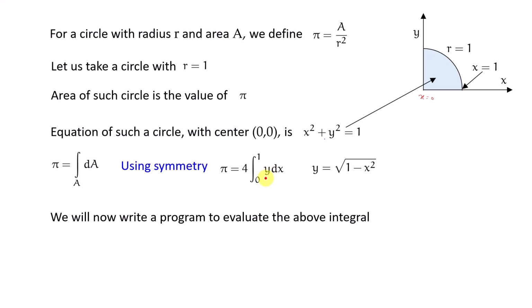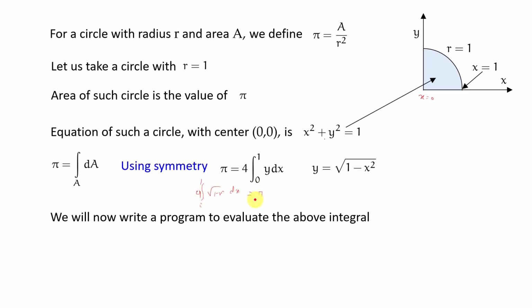Now in the beginning I said that you cannot do it analytically, but you know that you can evaluate this integral analytically. 0 to 1 root over 1 minus x squared dx, you can evaluate it analytically. But if you evaluate this integral 4 times analytically, you will get the answer pi.